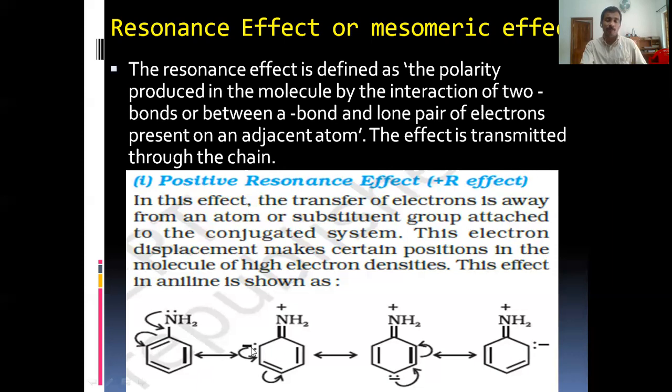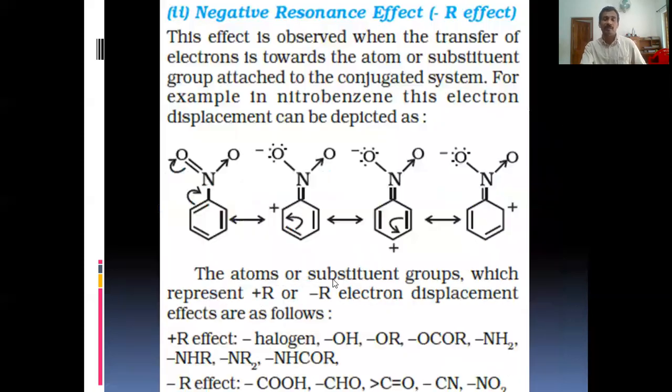It is not possible to keep the negative charge here, so it will try to form a pi bond. At that time, this pi bond will break and electrons will shift to this position, and it will continue. That is resonance. It is the positive resonance effect.